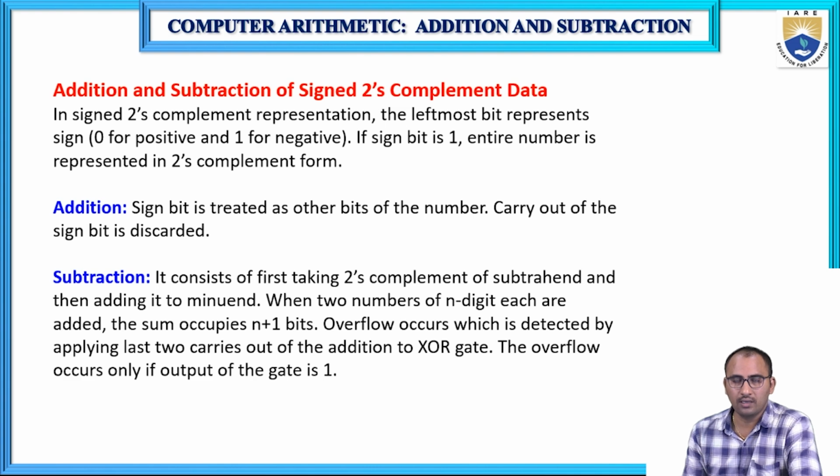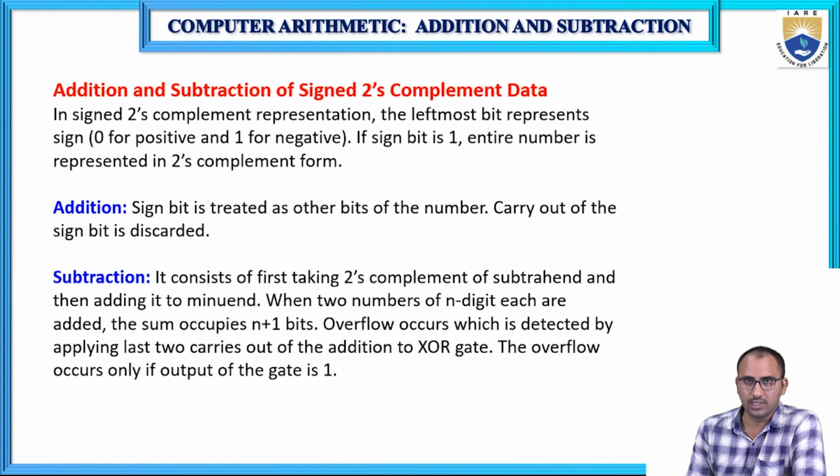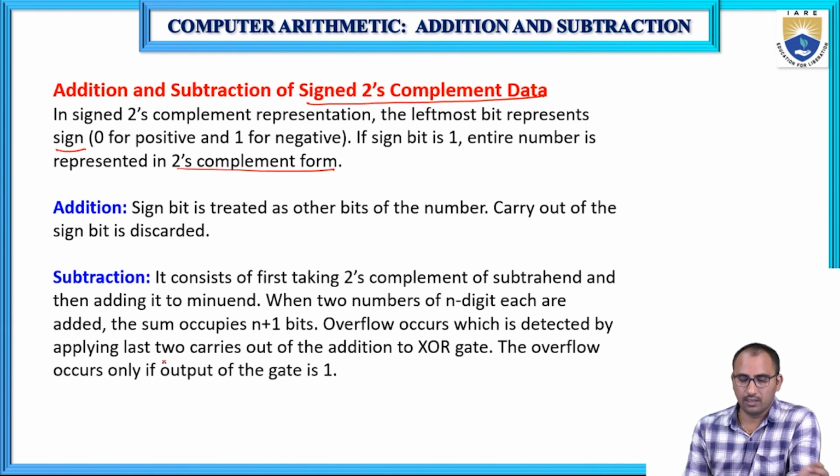Till now we have seen the addition and subtraction for signed magnitude numbers. Now we are going to see addition and subtraction of signed 2's complemented form. In signed 2's complemented representation, the leftmost bit represents the sign. If the sign bit is equal to 1, the entire number is represented in 2's complemented form. In addition, the sign bit is treated like the other bits of the number. Carry out of the sign bit is discarded.